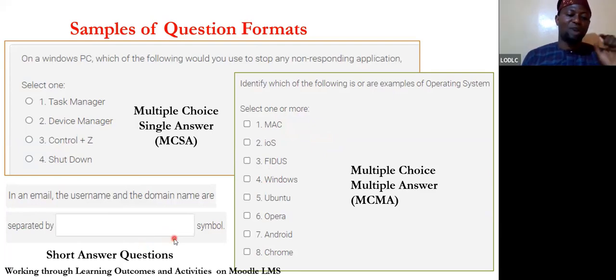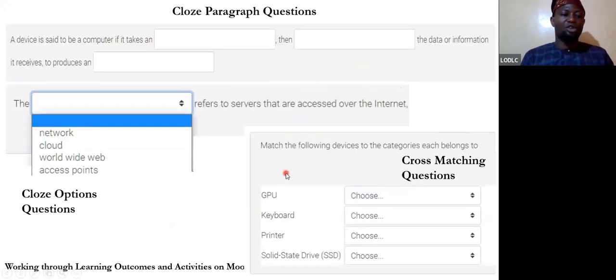Then the next one is short answer questions. Look at the question now: in an email, the username and the domain name are separated by dash symbol. Students are expected to type their correct options here. So that's an example of short answer questions. Another interesting question format is closed paragraph questions.